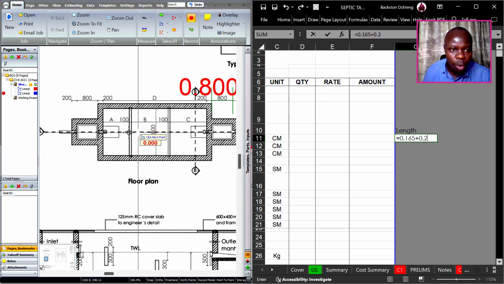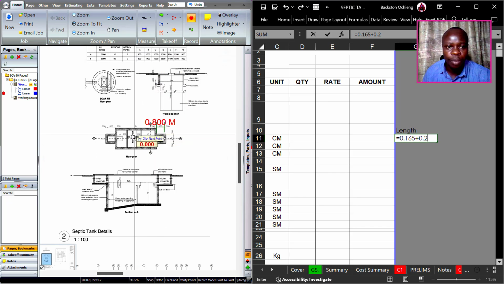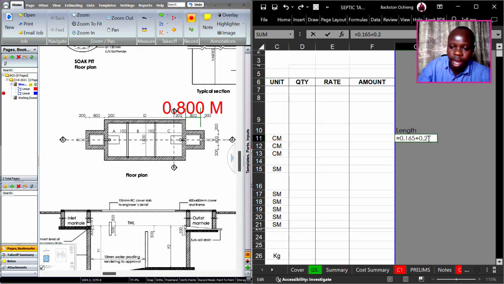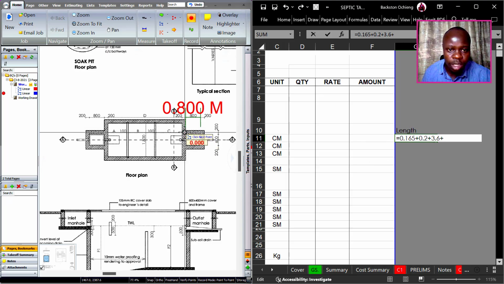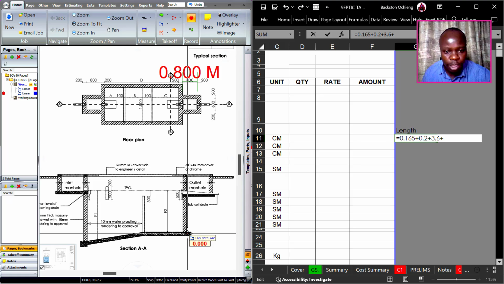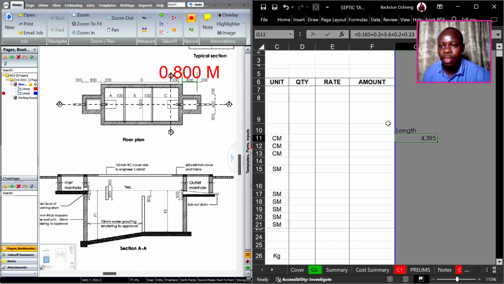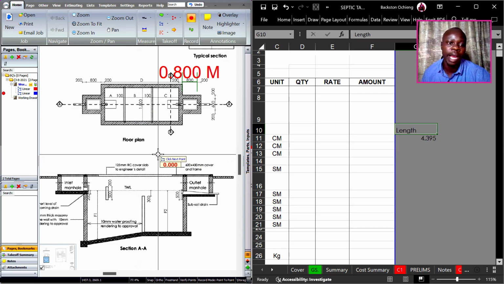And then now we've read D to be 3.6 according to this provision. D is 3.6, so we add 3.6 there, and we also add another 0.2 for this, and the stretch or the external spread on this particular portion. So we add 0.2, and we also add 0.23. Okay, so that gives us the total length of the main section of the septic tank for the excavation works.